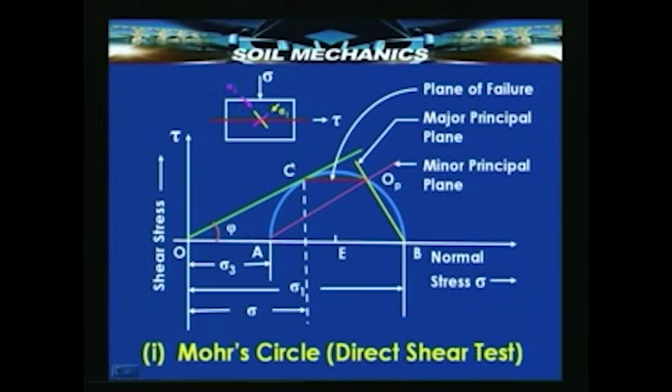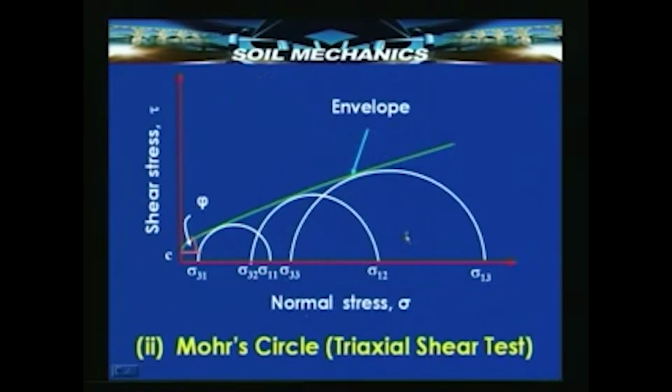Now, we know that the plane of failure is horizontal, and therefore, OP must give the origin of planes. Now, if I draw a horizontal line here, therefore, point C must be the plane of failure, which can also be obtained from the tangent OC. Now, the point C has stresses equal to sigma and tau, which are the stresses on the failure plane.